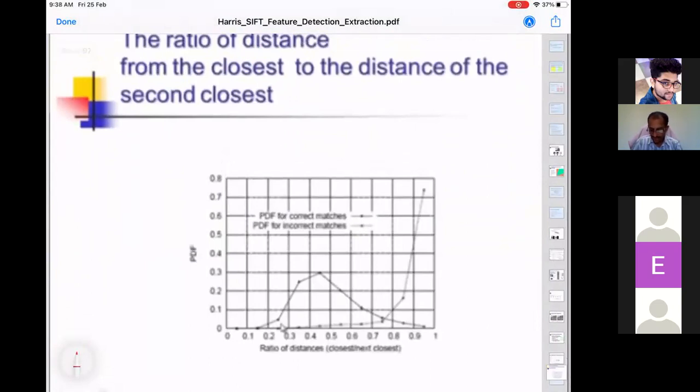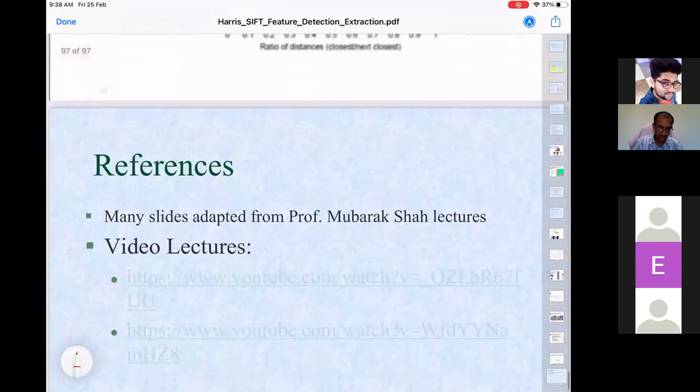If the ratio is above 0.8, then the accuracy goes this way. This is the accuracy in incorrect matches, and this is the correct matches. Above 0.8, if the D1 by D2 ratio is there, then the correct matches will decrease and the wrong matches will increase. So they have put some 0.8 or so as the threshold.